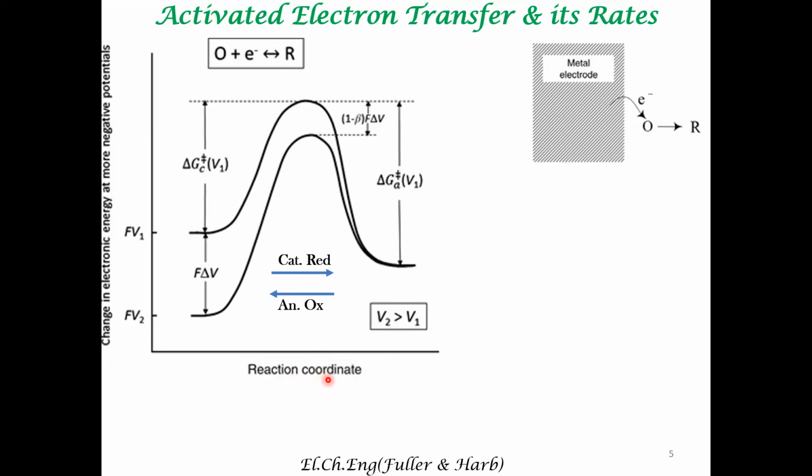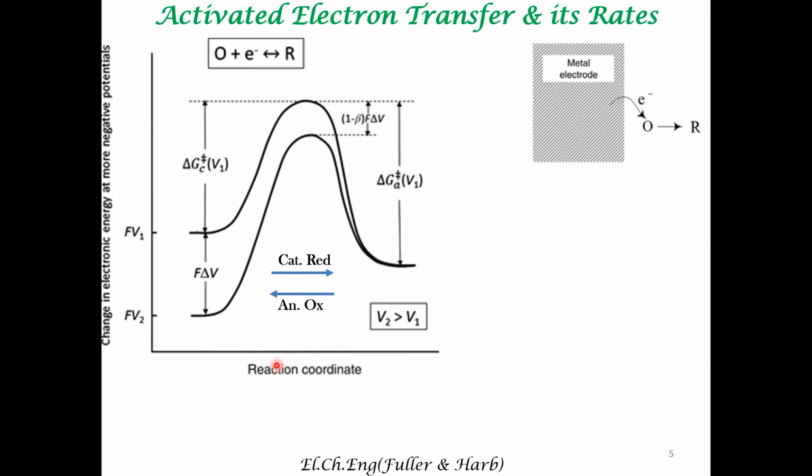It's a measure of reaction progress. So as we move along this direction, it's an abstract coordinate. It is not a spatial coordinate, it's an abstract coordinate indicative of the progress of the reaction.